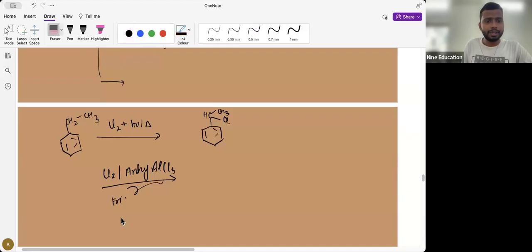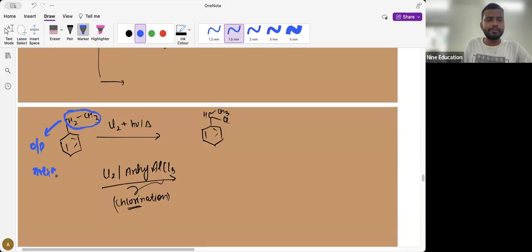This will be our chlorination. और क्लोरीनेशन करना, so we have to see the chlorination. If I want to do the chlorination, we have to see that this group is acting as what? Ortho para director or meta director, है ना?